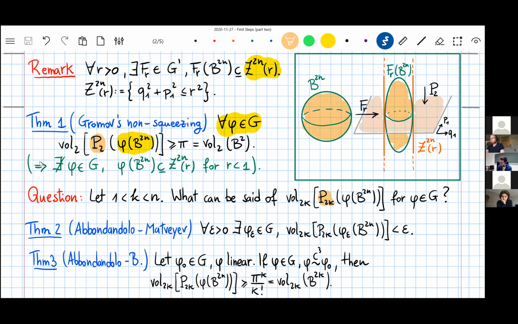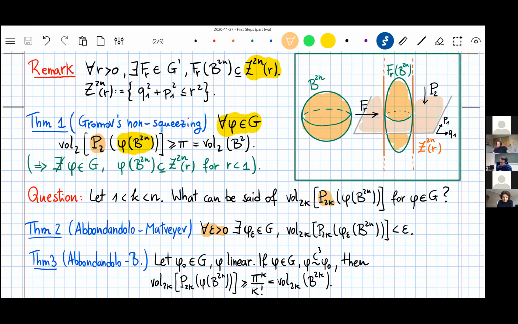Actually, the first known results are results about squeezing. You can squeeze the ball in this 2k dimensional projection as much as you like. This means that for every epsilon bigger than 0, you can always find some map phi_epsilon such that the image of the ball has 2k-dimensional shadow volume less than epsilon. This is in contrast to what we saw in dimension 2.